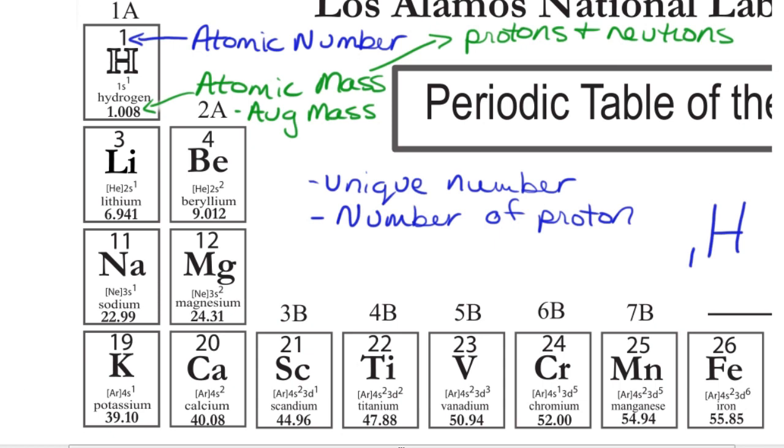We can talk a little more specifically about the mass of an individual atom, and that's what is called the mass number. We discussed the mass number in an earlier video. If we were to write the mass number next to the element symbol, we would write it up here at the top.